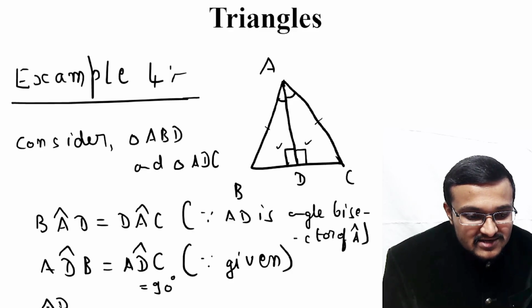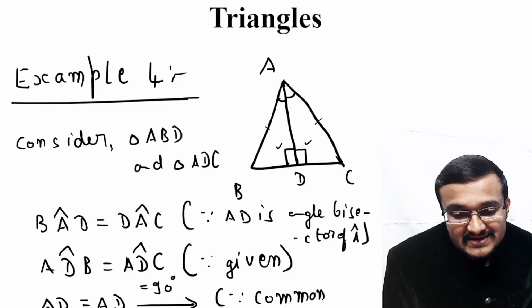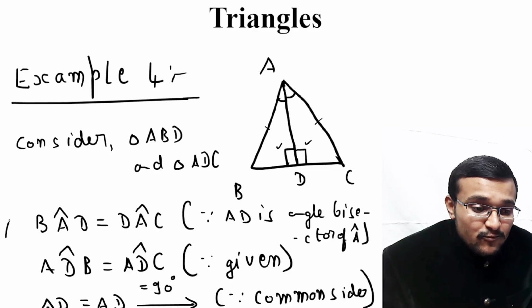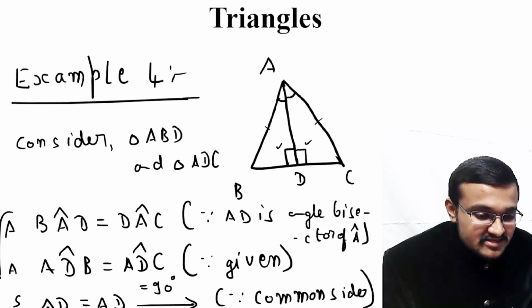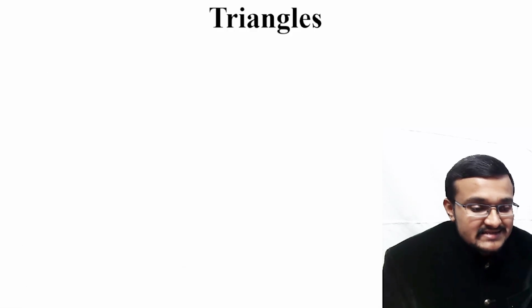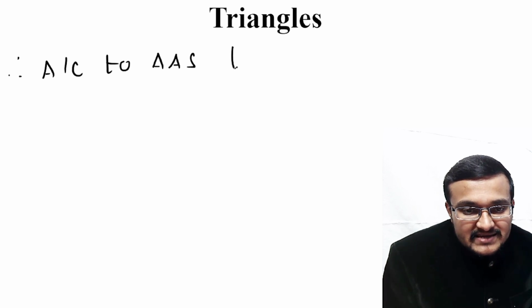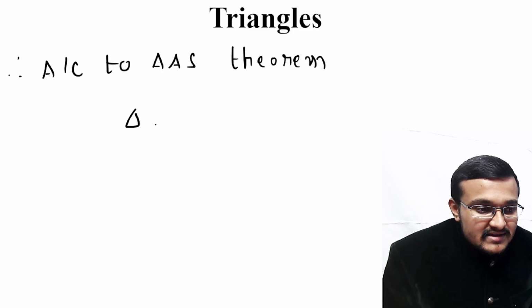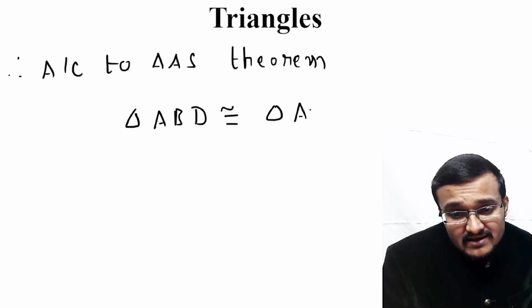Now AD is equal to AD, because both are the common side. So AD acts as the common side for both triangles. Now we have two angles equal to each other and one side equal to each other. So according to the AAS theorem, triangle ABD is congruent with triangle ADC.